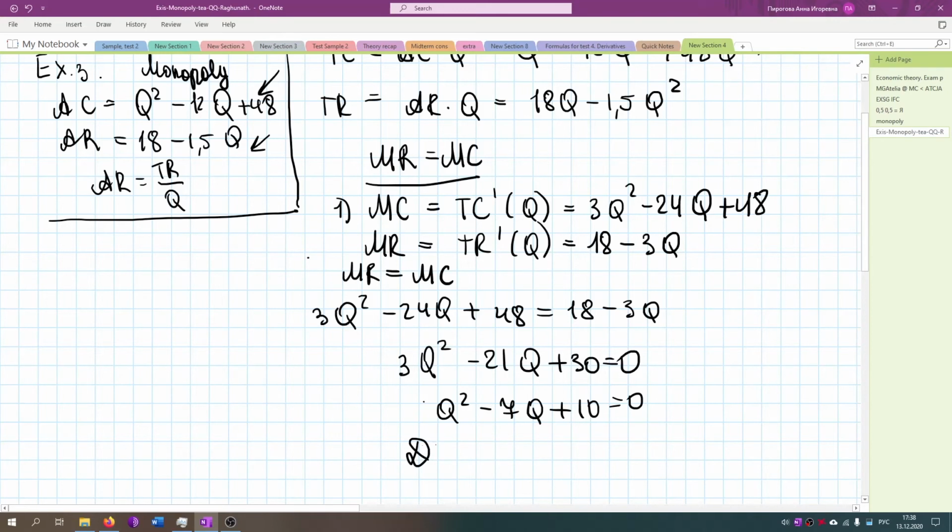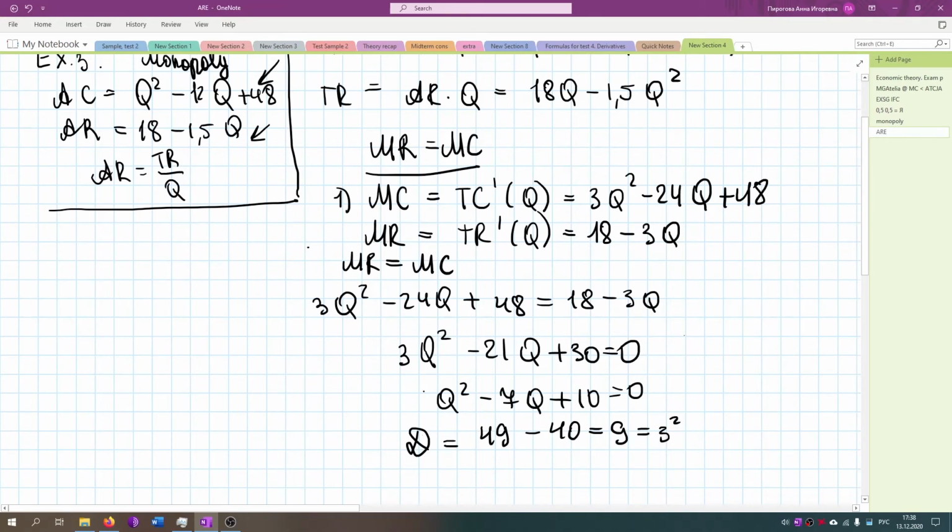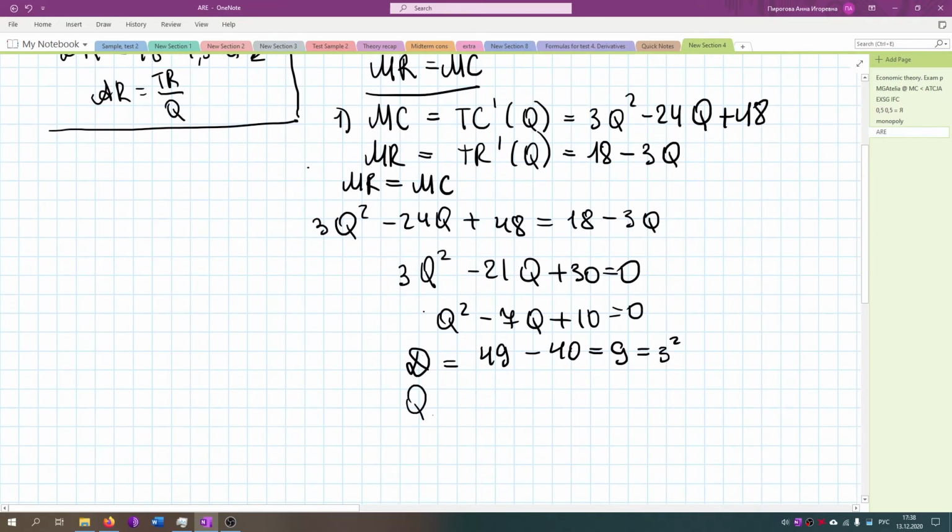And now we need to find the determinant. So 49 minus 40 is equal to 9 or 3 squared. And our Q is equal to 7 plus minus 3 divided by 2.